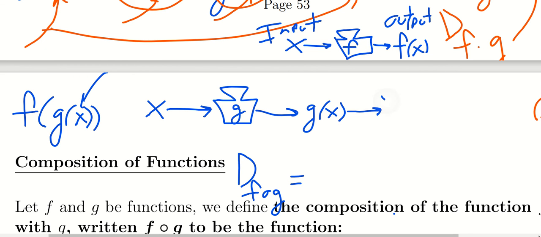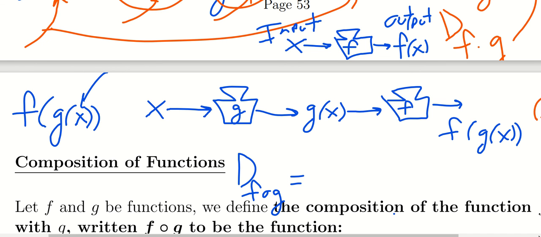We then take g of x and plug it into the function f, and what we would get out would be the output, which would be f at g of x. So to get a value out of the composition of functions, we need to be able to complete this entire procedure. The first thing we notice is that in the very beginning, x has to get plugged into g. And what that means is that x must be an element in the domain of g. In order for x to be plugged into g, x has to be in the domain of g.